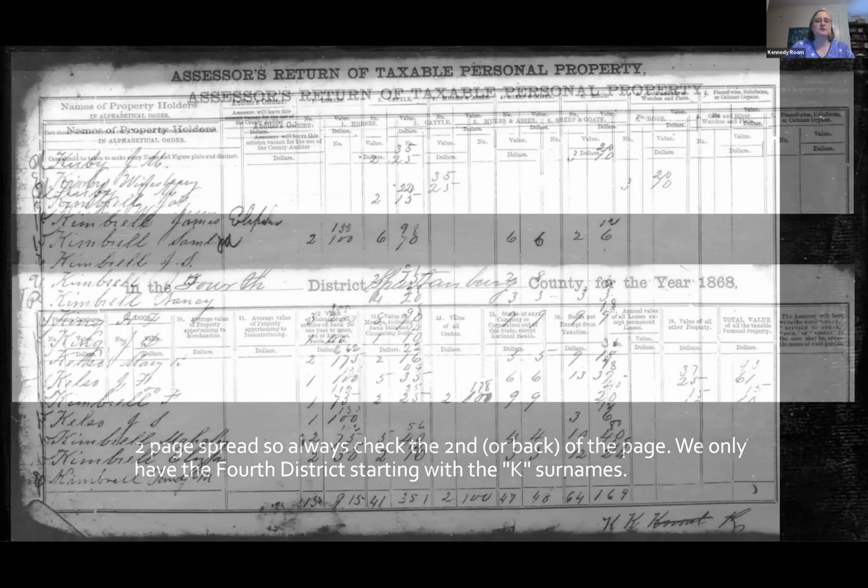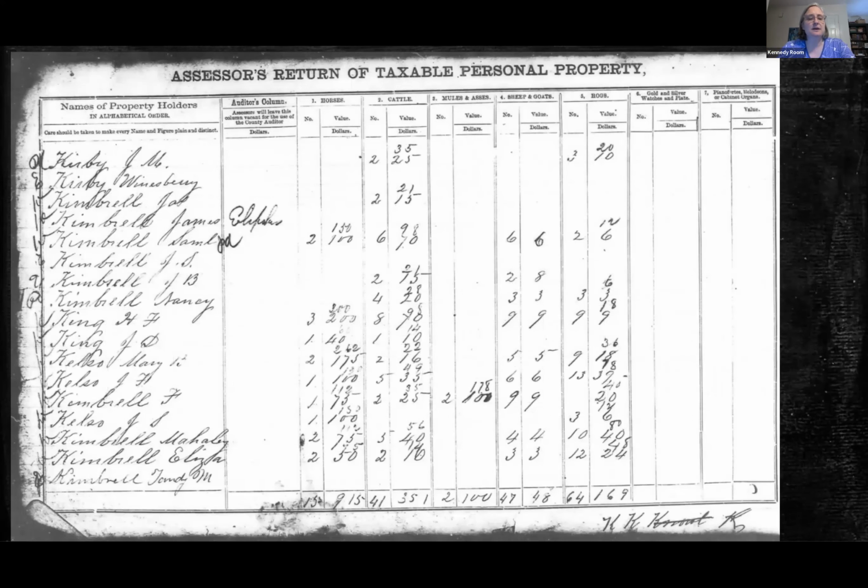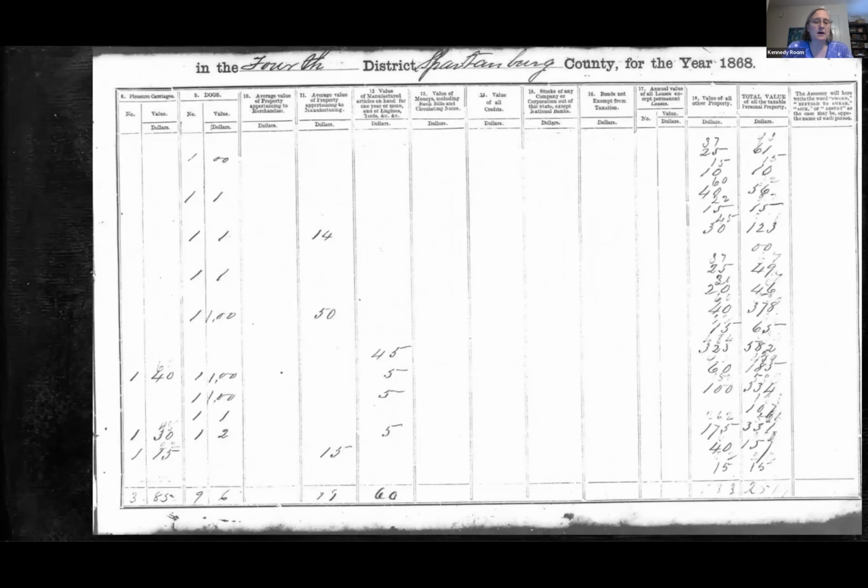So this is what the full page looks like. So in Spartanburg County, a lot of people have horses, cattle, not so many mules, some sheep and goats, a lot of people have hogs. Very few, nobody has watches and silver plate or is claiming musical instruments. 3 people have pleasure carriages. A bunch of people have dogs.